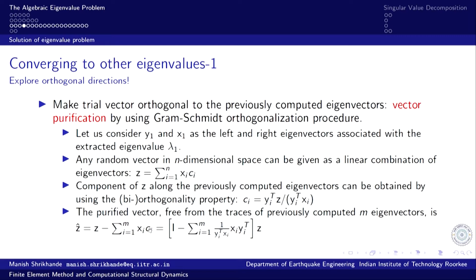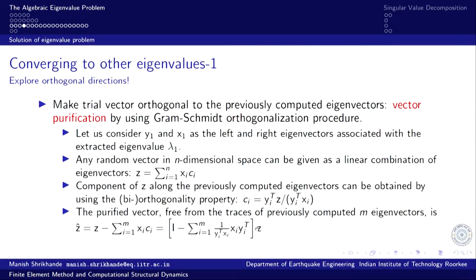Because c i is a part of z, z can be taken out and this can be looked at as a matrix, I minus the sum over i from 1 to m, which is individual for each ith eigenvector set. We have a matrix that accounts for orthogonality with respect to the ith eigenvector.